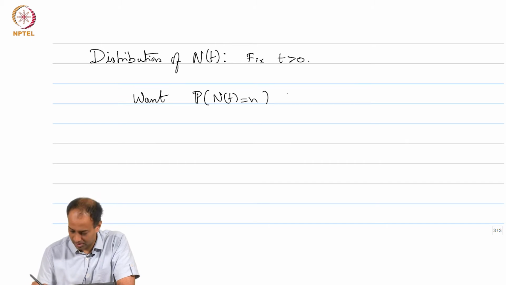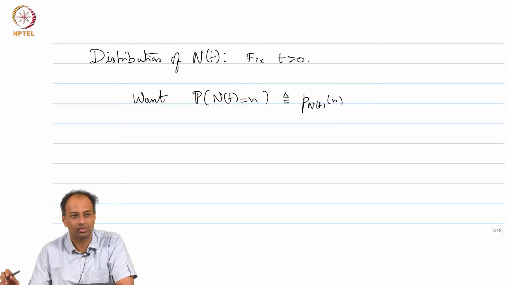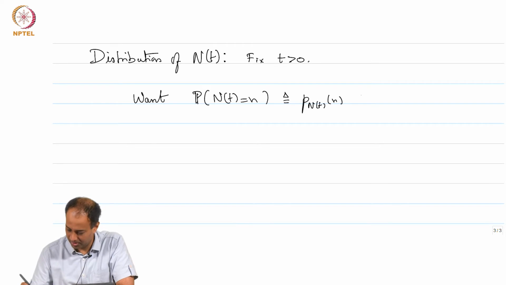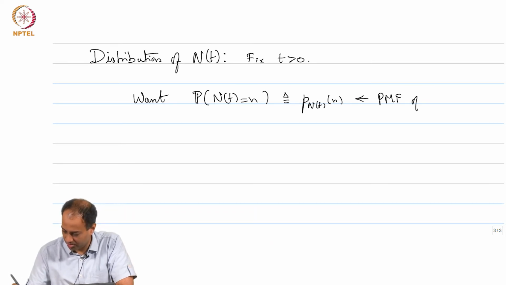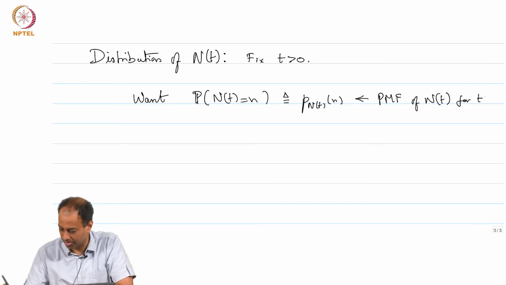We can denote this by P_{N_t}(n), the probability mass function of N of t, for a fixed t greater than 0.